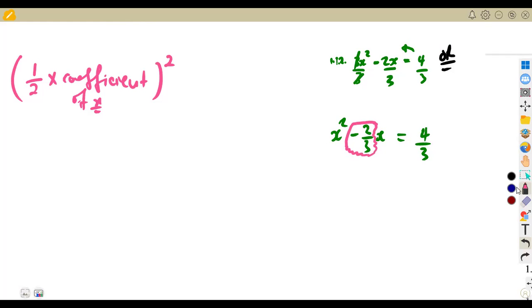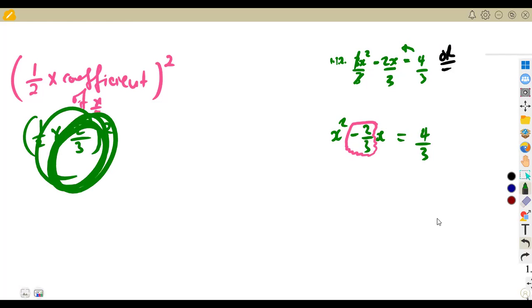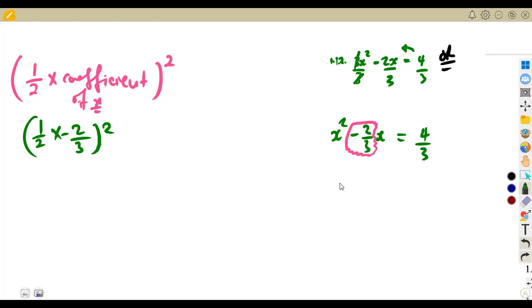The number that is affecting x there is minus 2 over 3. So we need half of that, that is half of minus 2 over 3, but you're supposed to square it. So this is what you do: instead of squaring this answer to obtain a single number or a single term.